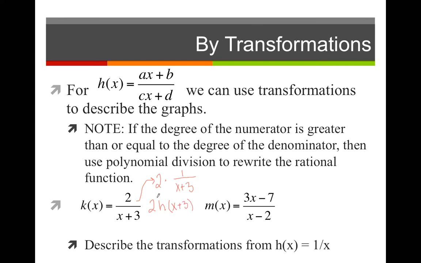And if we rewrote it like this, h of x plus 3 is going to be x plus 3 in the denominator, times 2, we'll put that 2 in the numerator, so we get this function. This means that it's left 3 units, and vertical stretch by 2. All right, so we can rewrite this as a transformation problem.